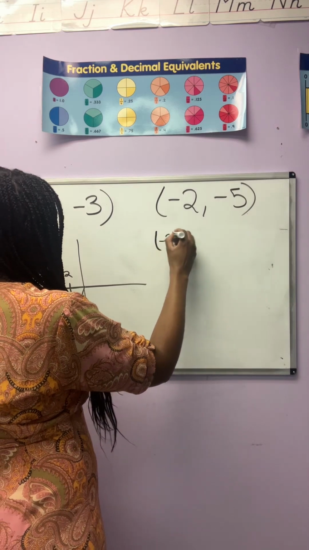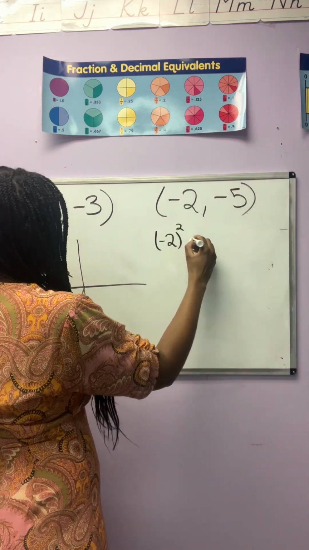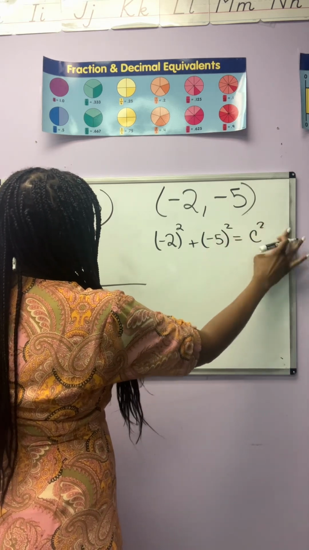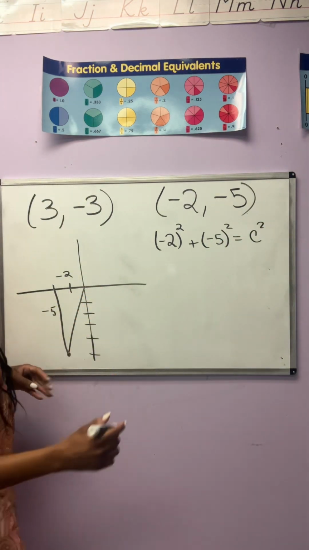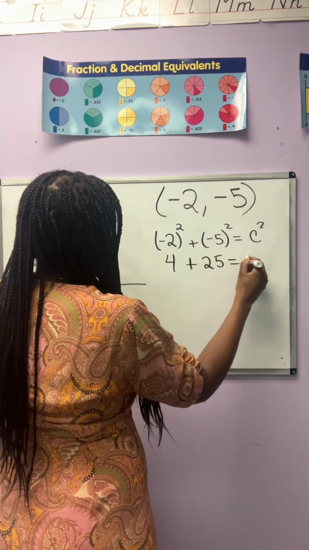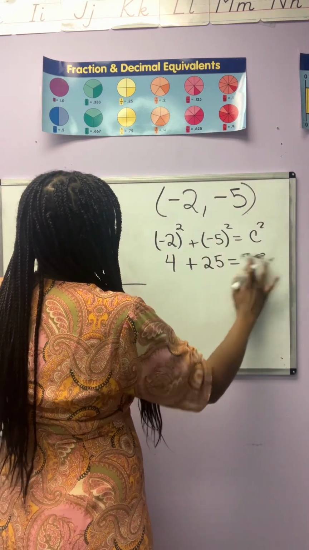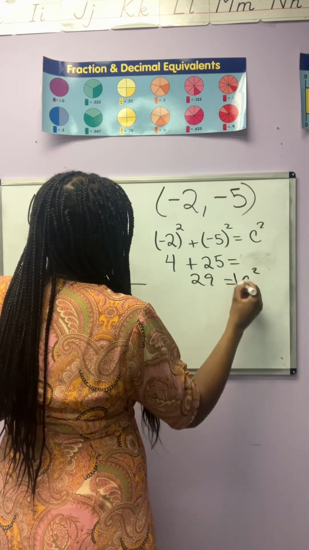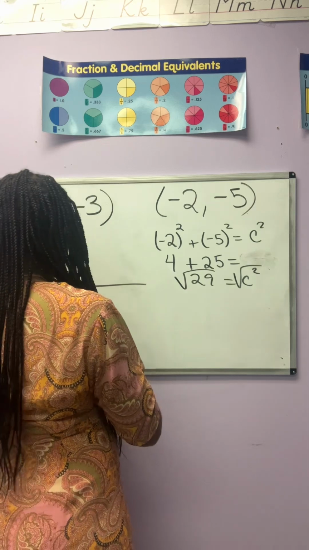Okay, so -2 squared plus -5 squared equals c squared. So -2 to the second power is 4. -5 to the second power is 25. So that's 29. You take the square root, square root of 29.